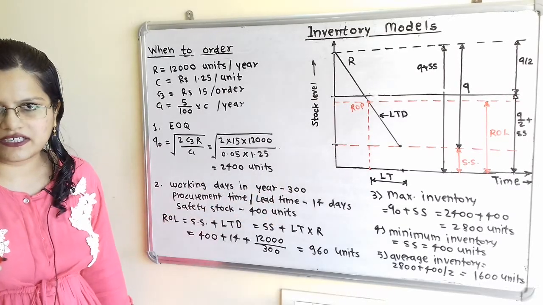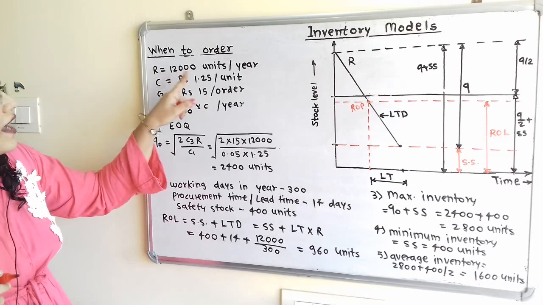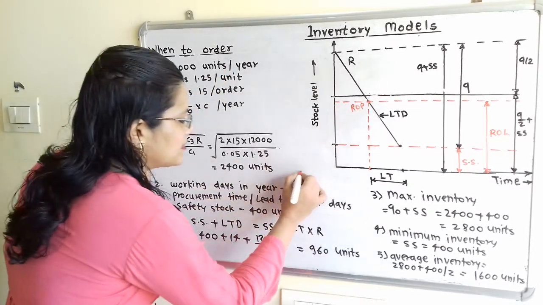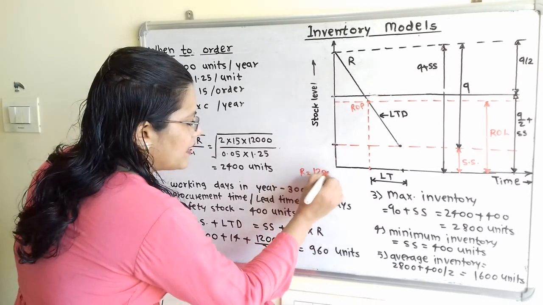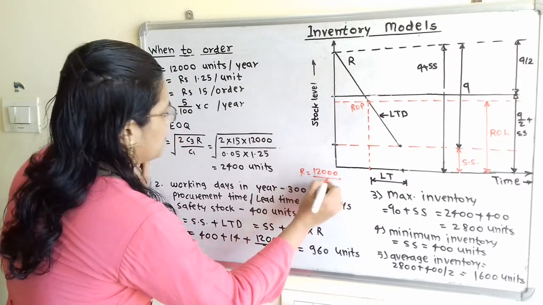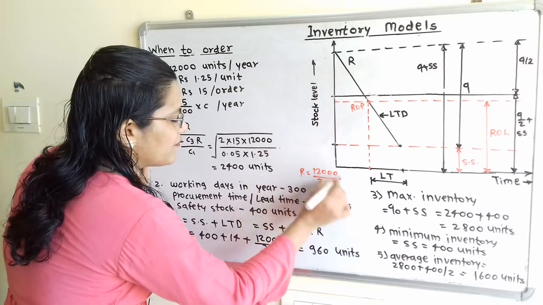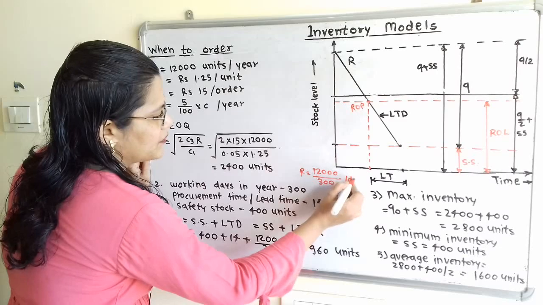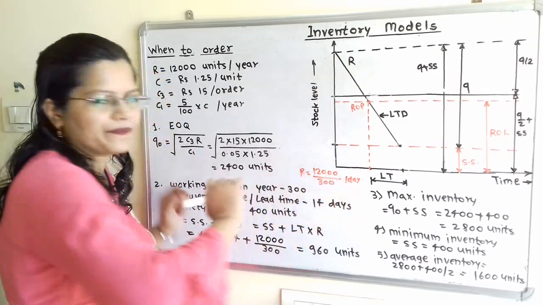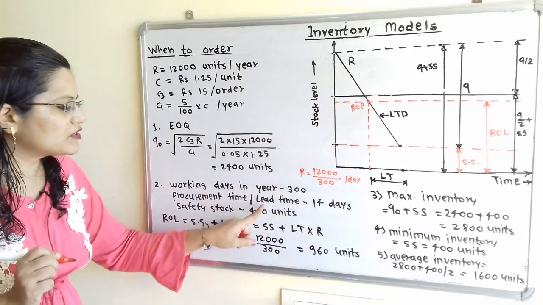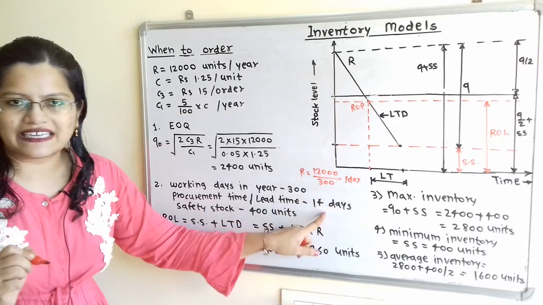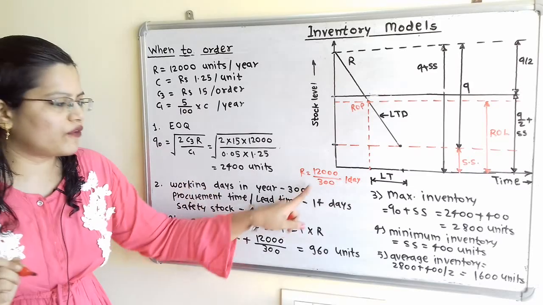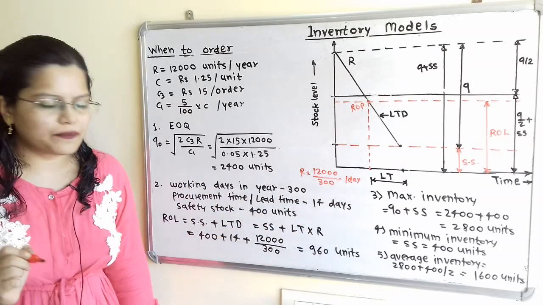That is 300 days. So what is the demand rate R for 1 day? R is equal to 12,000 divided by 300. So this is units per day, the value in 1 day. We have to refer to this because lead time is also given in days. The units should be the same for all the parameters.